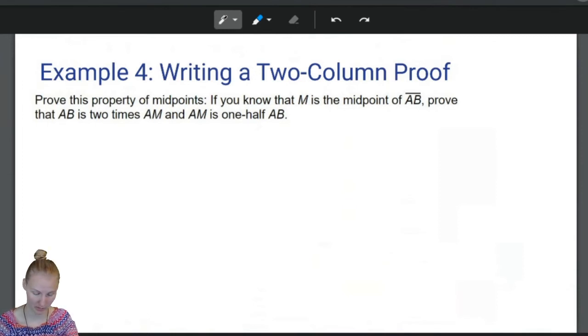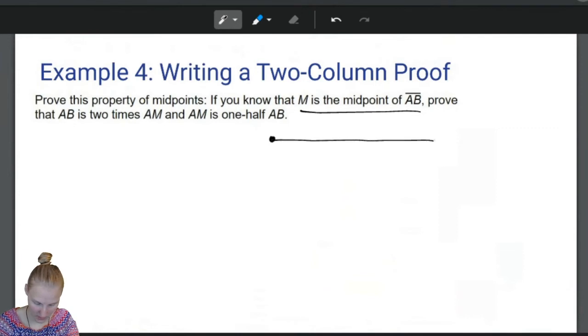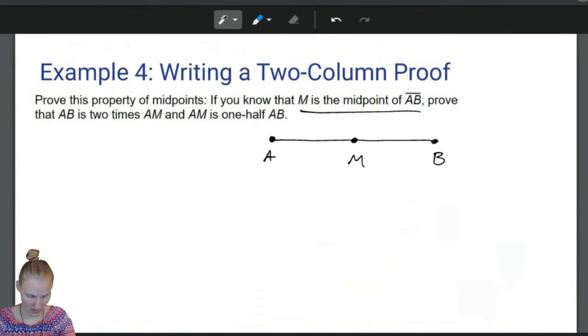Okay, so we're dealing with midpoints. If you know that M is the midpoint of AB, let me write this down. I have AB, and M is the midpoint, is what they're telling me. Which means it's halfway between A and B. It means that these segments are congruent.